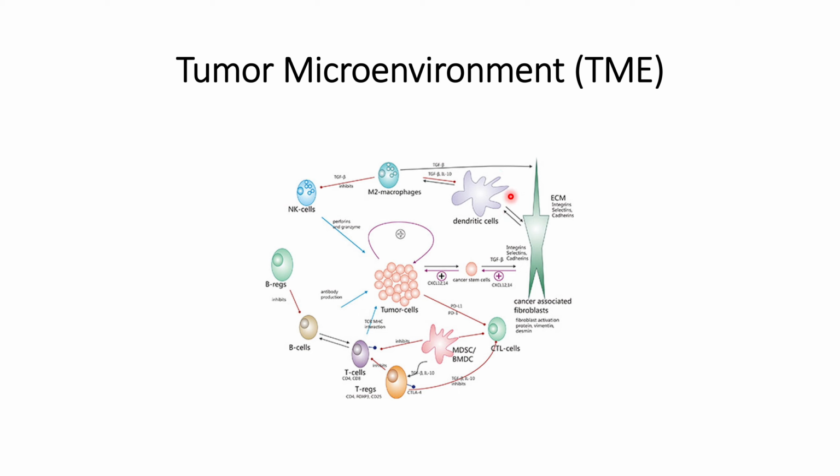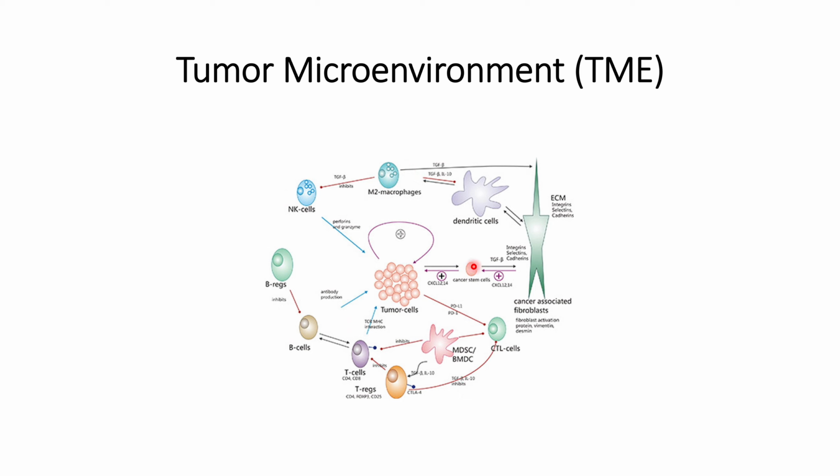Dendritic cells normally trigger the M2 macrophage response, and as they cannot detect the tumor cells, the activation of these macrophages is not triggered. Finally, the NK cell response is also inhibited, because these things work in a cascade: dendritic cells trigger M2 macrophages, and these trigger NK cells.